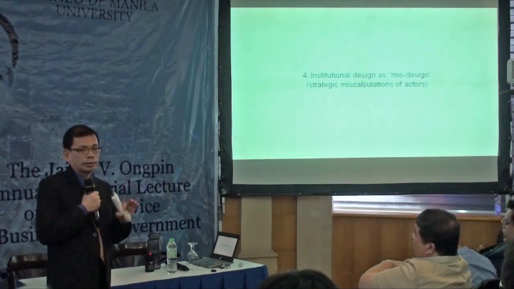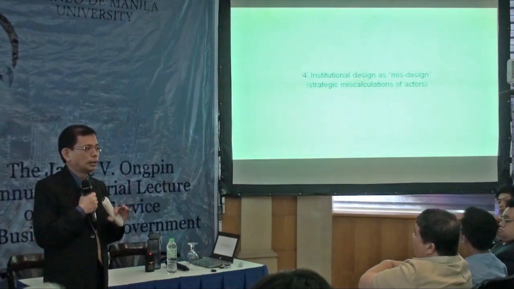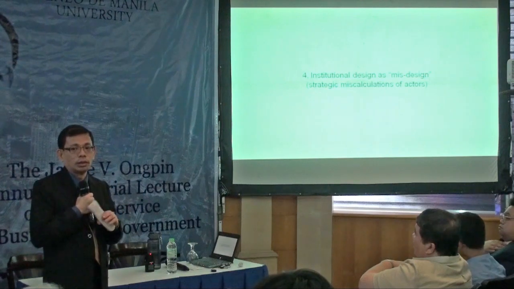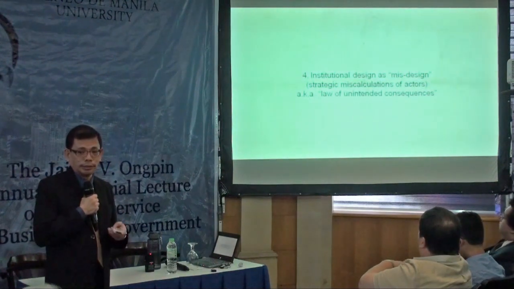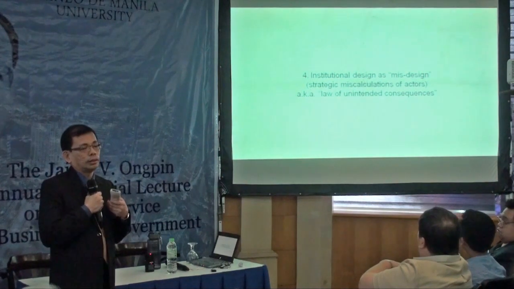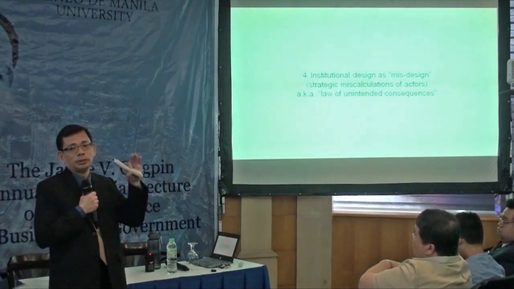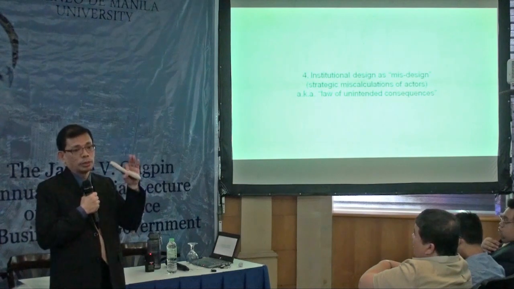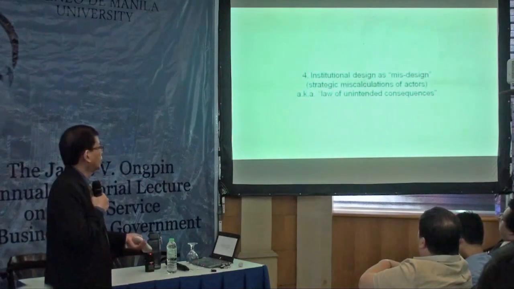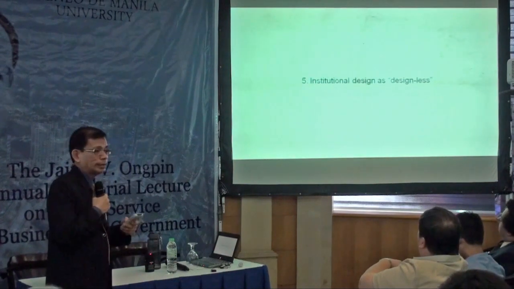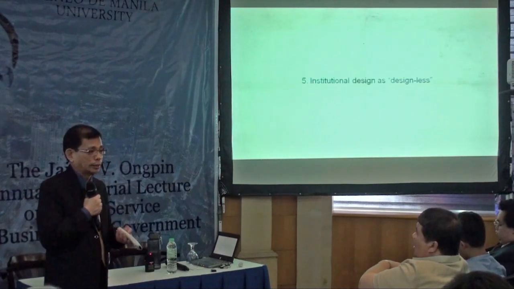Yes, they may act on their self-interest, but they may get their self-interest incorrect. This is the law of unintended consequences in institutional design. And the principle is, the more you tinker, the higher the possibility that you're going to commit errors. And number 5 would be from Jon Elster, institutional design as designless.